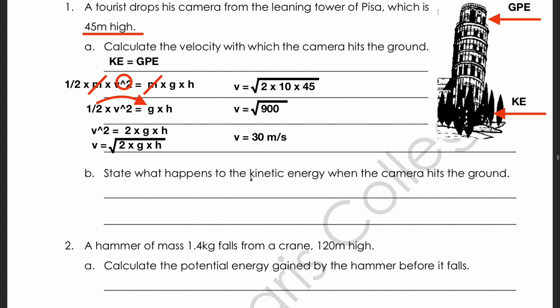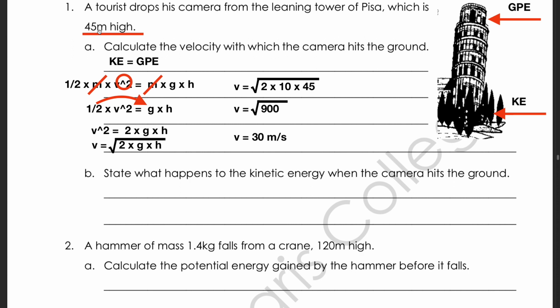Question B. State what happens to the kinetic energy when the camera hits the ground. Now, if we were to drop something from 45 meters of height, which is about 15 stories, as soon as the camera hits the ground, it's going to break into a lot of pieces, 1,000 pieces.